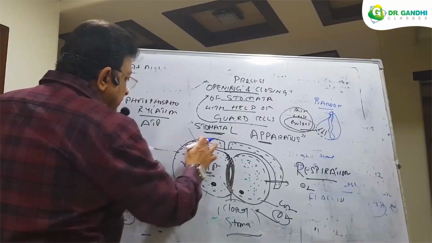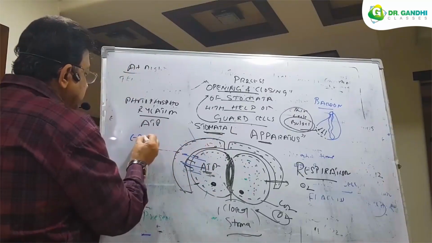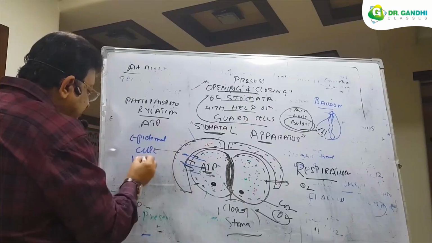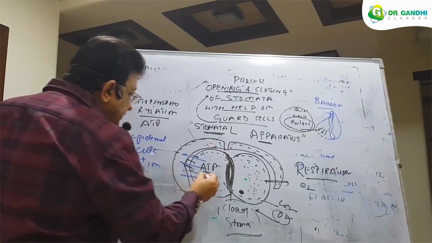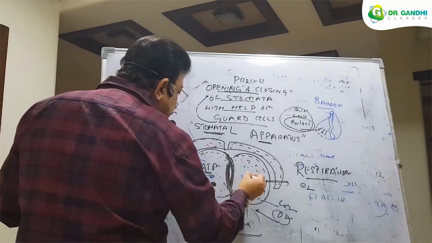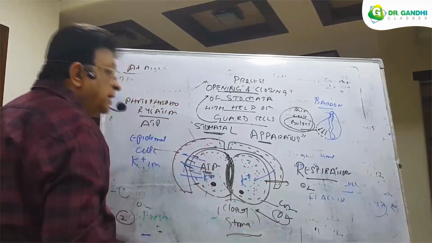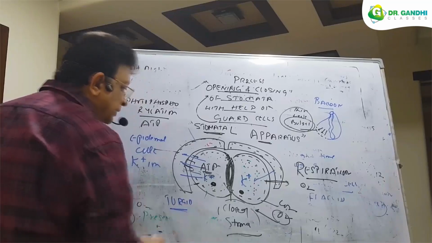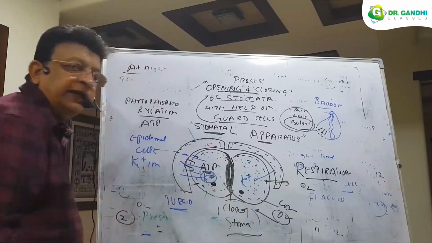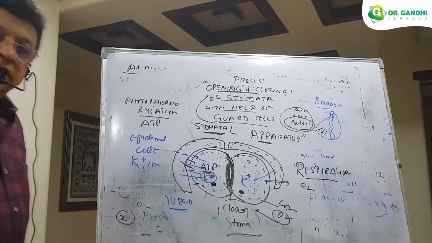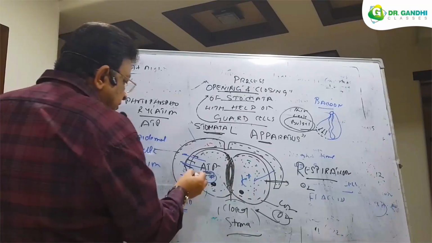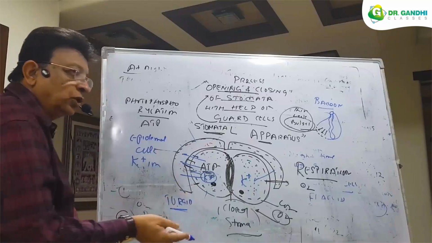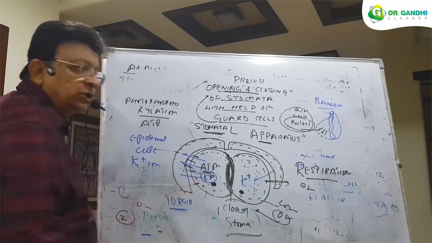It pulls in from the epidermal cells, potassium ions enter the guard cells, making them turgid, or making the solution hypertonic because of potassium ions. Previously, sugar made the solution hypertonic.